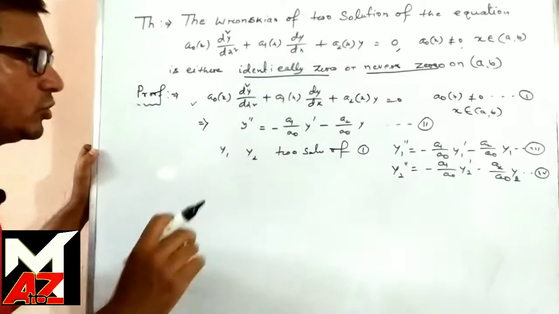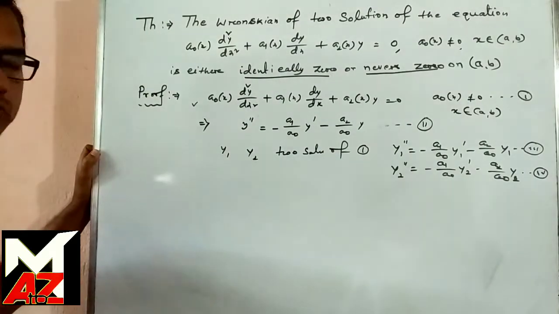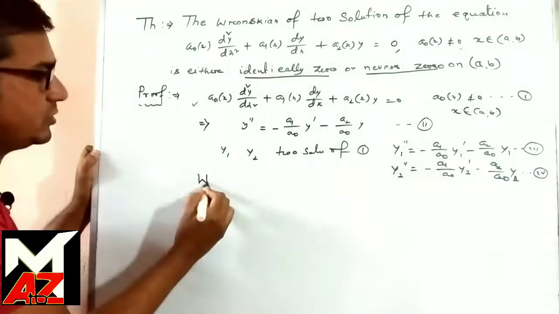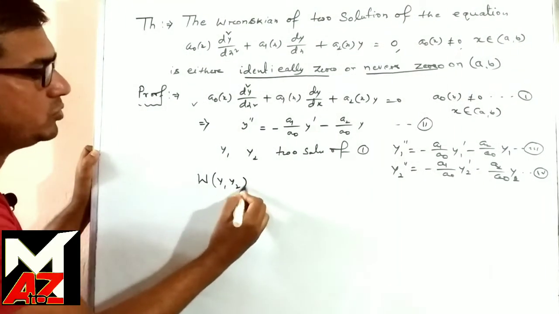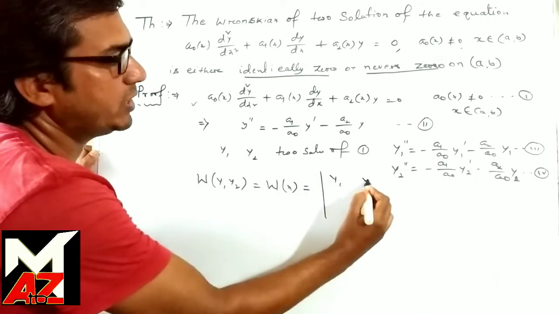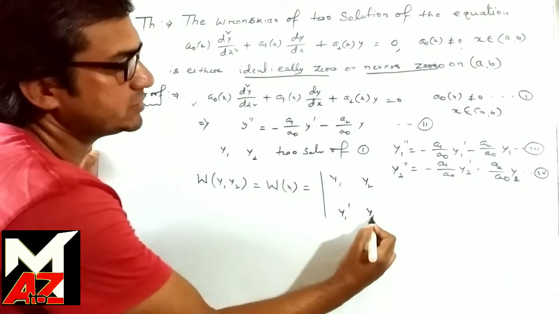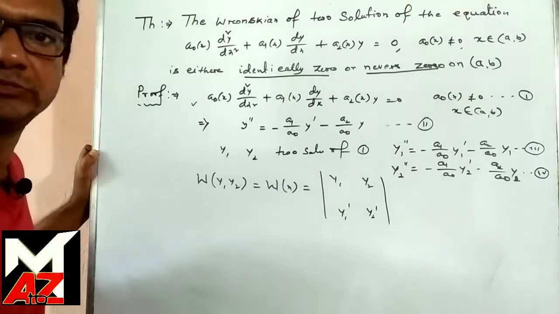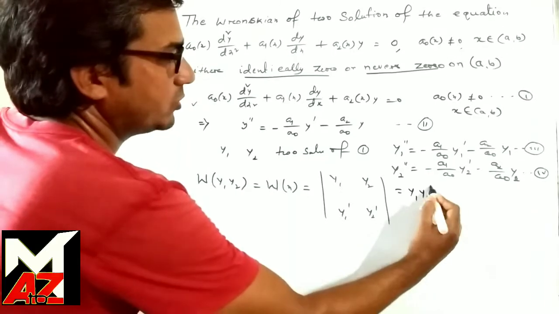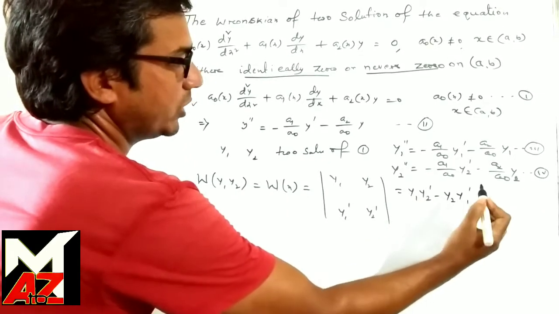Now the Wronskian of y1 and y2, that is the Wronskian of two solutions, is W(y1, y2) or W(x), equal to the determinant y1 y2 y1 dash y2 dash, and this is y1 y2 dash minus y2 y1 dash.